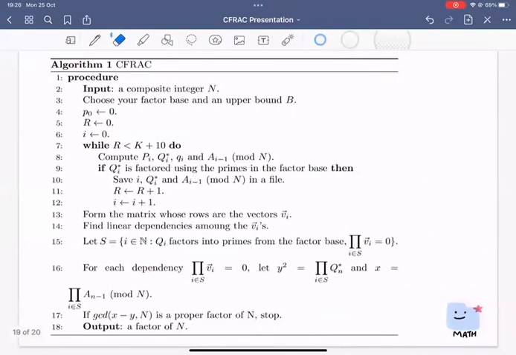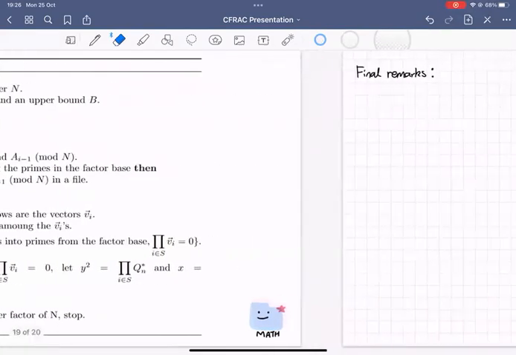And to top it all off, here is how you would program the continued fraction algorithm. You can feel free to pause the video and have a look at that. I'm not much of a programmer myself, so I haven't done it in Python or anything. And yeah, that finishes the presentation.